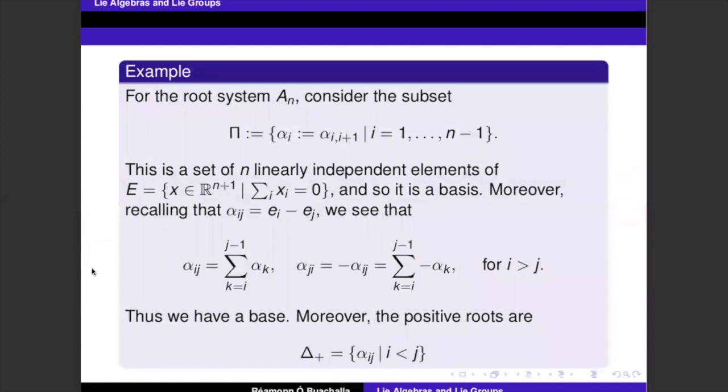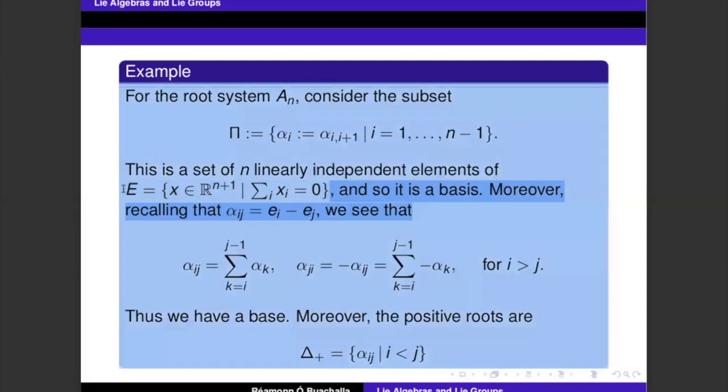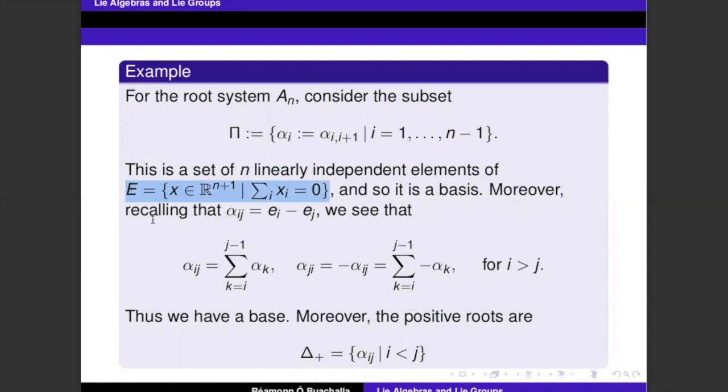So let's go back to our root system A_n, the one that we've been using as a motivating example all along. Just recall the Euclidean space that we were looking at lived inside R^(n+1).